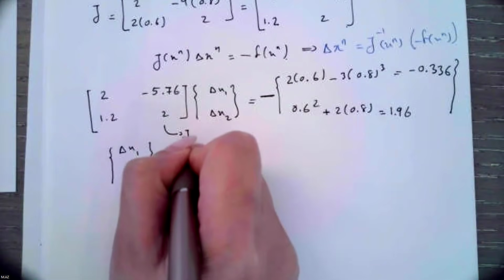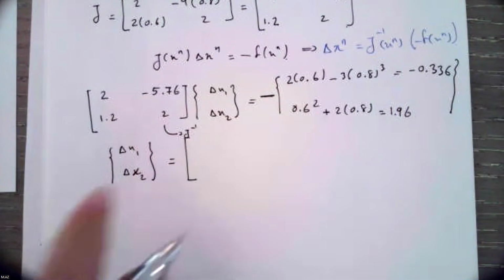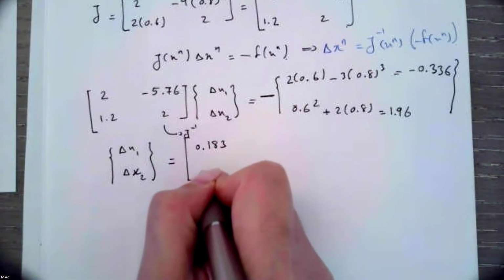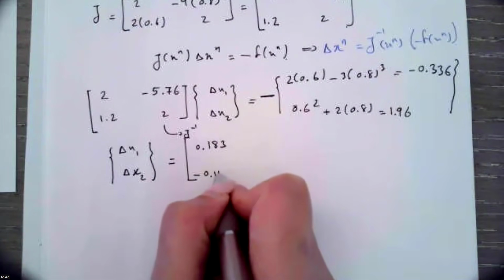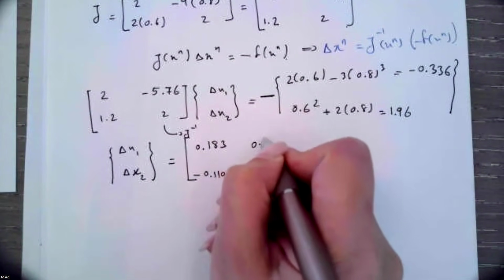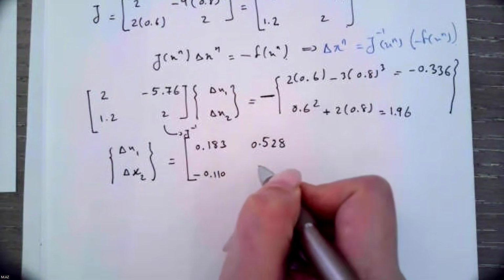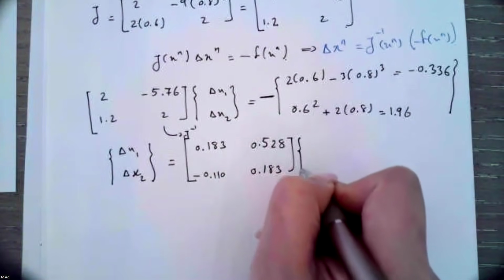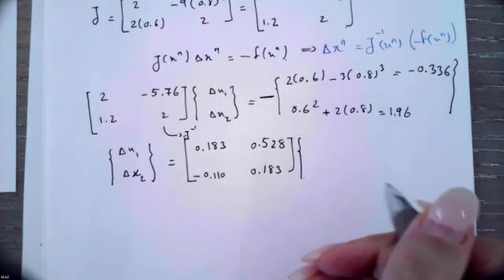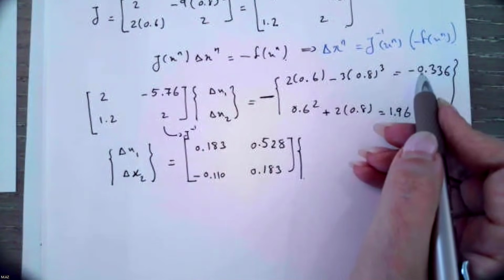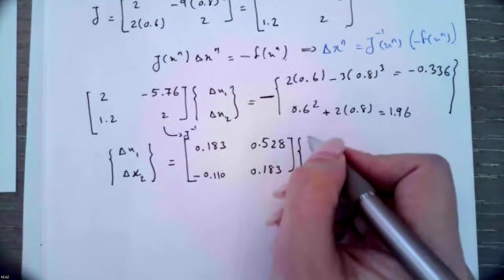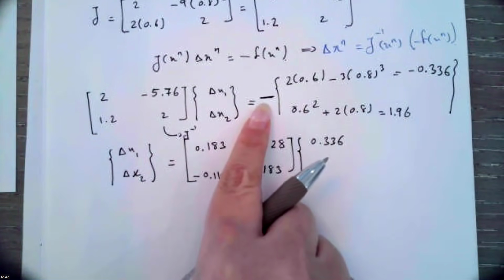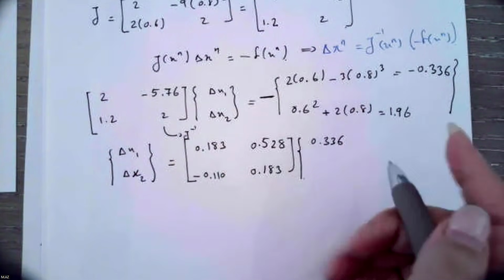This is the inverse of the Jacobian matrix. This is the negative of f of x, minus times negative times negative is positive. Negative times positive is negative.